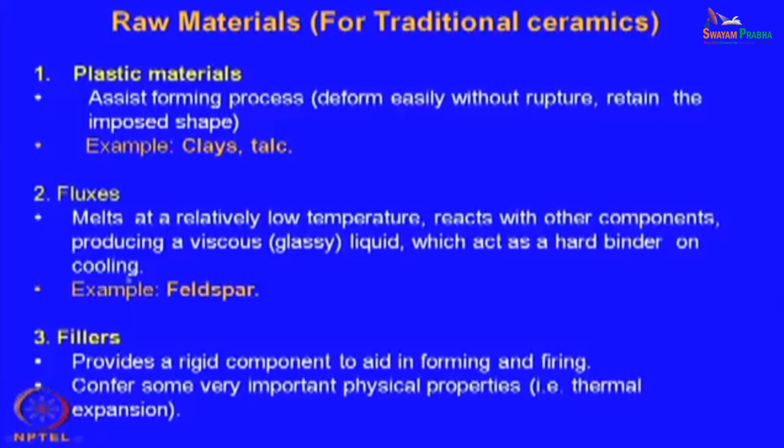Okay. So, these are the 3 components normally used as raw material for the traditional ceramics, and they are all naturally occurring. It needs a little bit of mineral beneficiation and then can be directly used for the product fabrication, whether it is crockery, tiles or sanitary wares and so on.